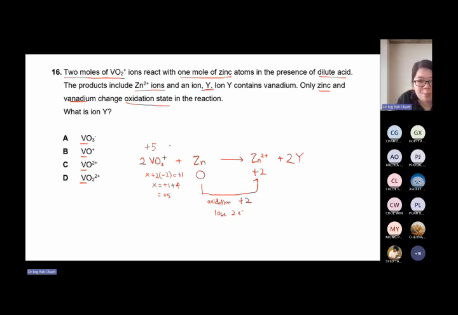That 2 electrons will be accepted by 2 VO2 positive ion, and form Y. This one loses 2 electrons. The 2 electrons are accepted by these 2 cations. 2 VO2 positive accepts 2 electrons. So 1 VO2 positive accepts 1 electron.